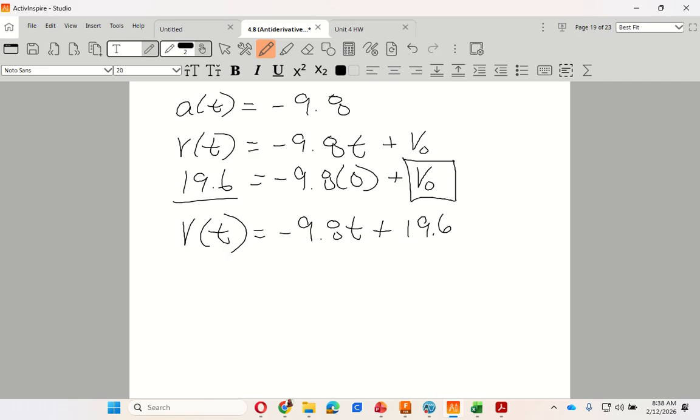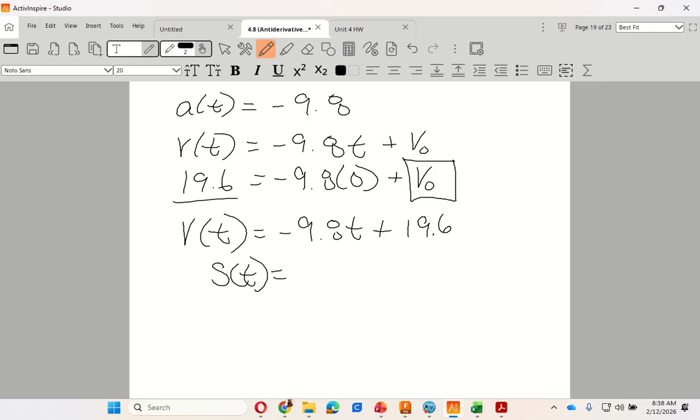Now we're going to go up an antiderivative again because I want to find the position formula. If I'm doing the antiderivative of velocity, that would give me my position, right? So I would say s of t is equal to, so now we have to do the antiderivative here.